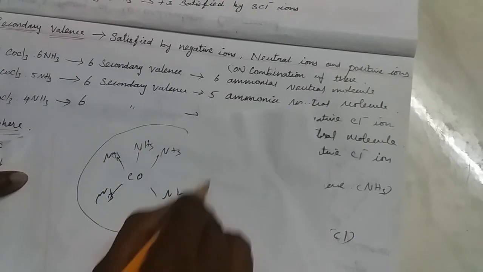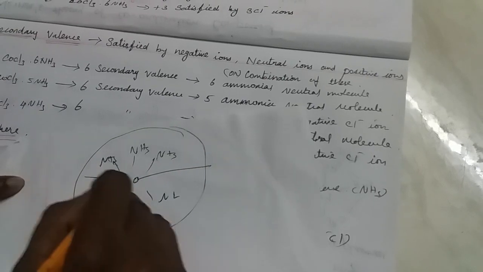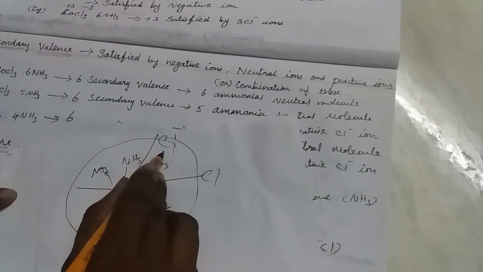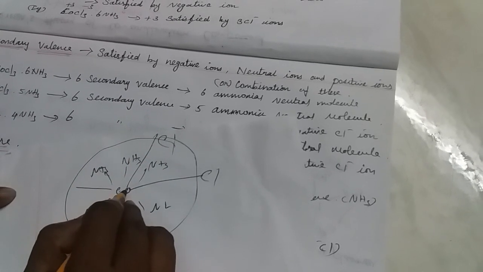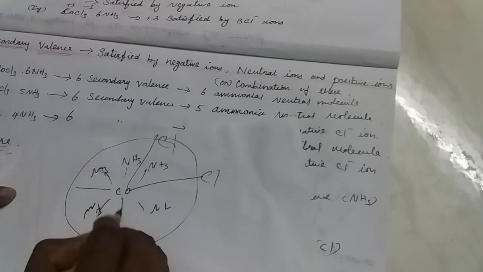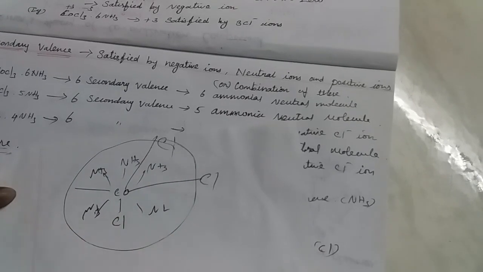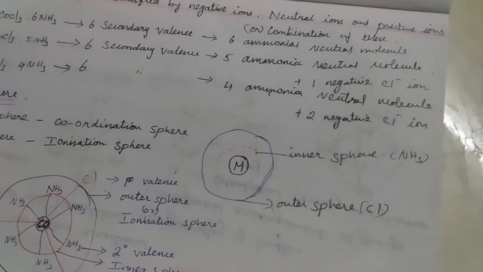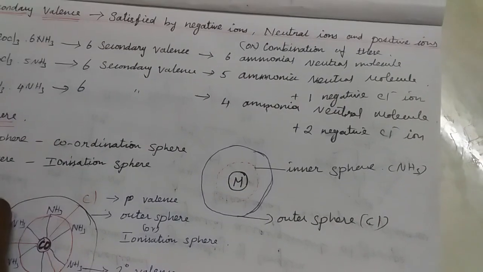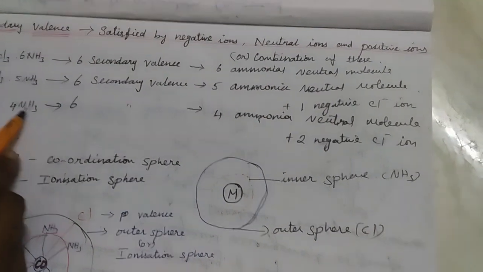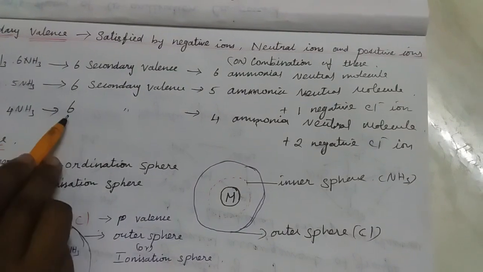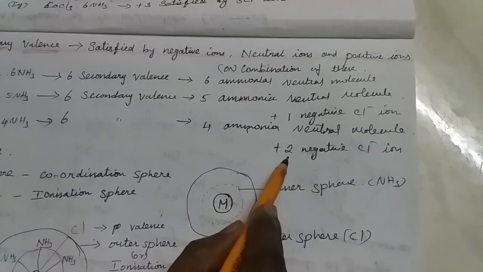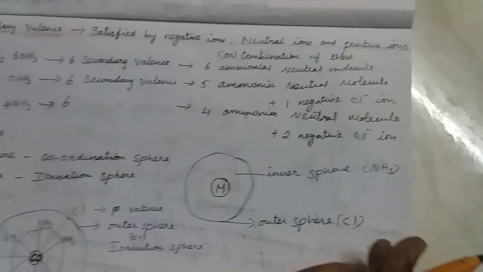And third, the primary valency ion: 2 Cl satisfied by cobalt and another 1 Cl satisfied by the secondary ion. Right? So, whereas CoCl3·4NH3 is satisfied by 4 ammonia neutral molecules plus 2 Cl ions.